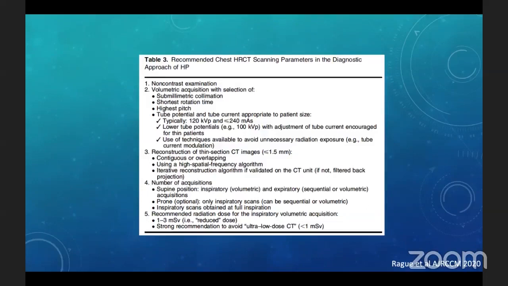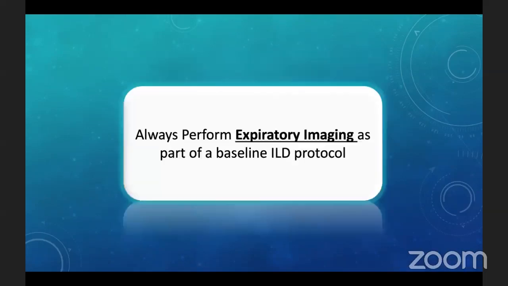In that scenario, and particularly in the baseline imaging, you really need to have your prone. So remember, it's always important to have expiratory imaging as part of your baseline ILD protocol. And our talk today will be really based on the detection of the abnormalities on the expiratory imaging.